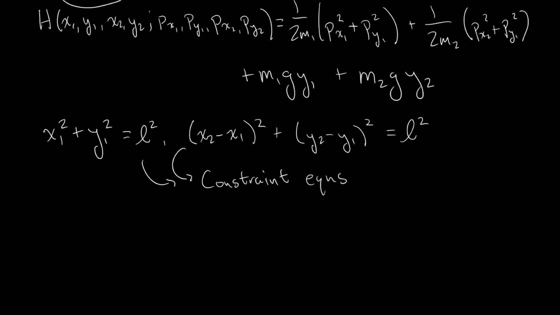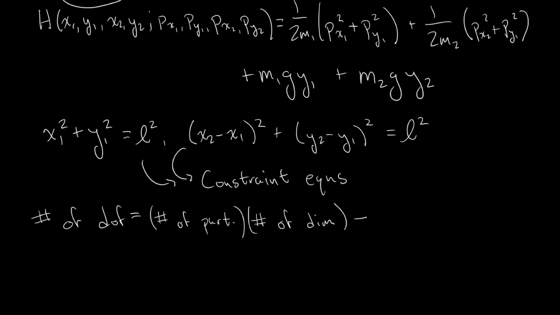And if you remember, our total number of degrees of freedom is equal to the number of particles times the number of dimensions minus the number of constraints.